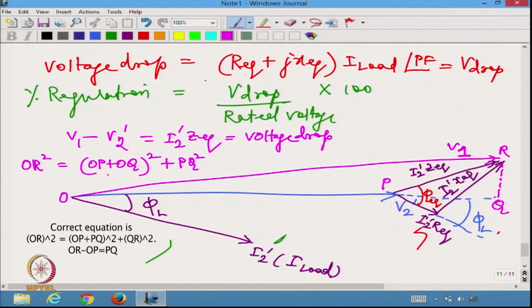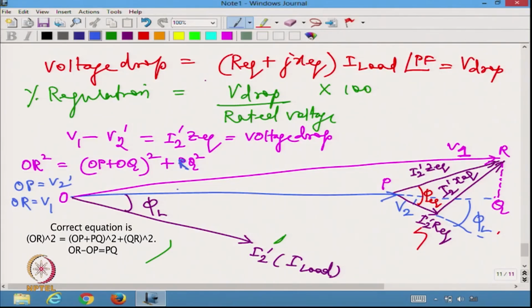And OP is, after all, if I write what is OP, OP is equal to V2 dash, OR is equal to V1. So, if I neglect this RQ square, not PQ, I am sorry, RQ square.